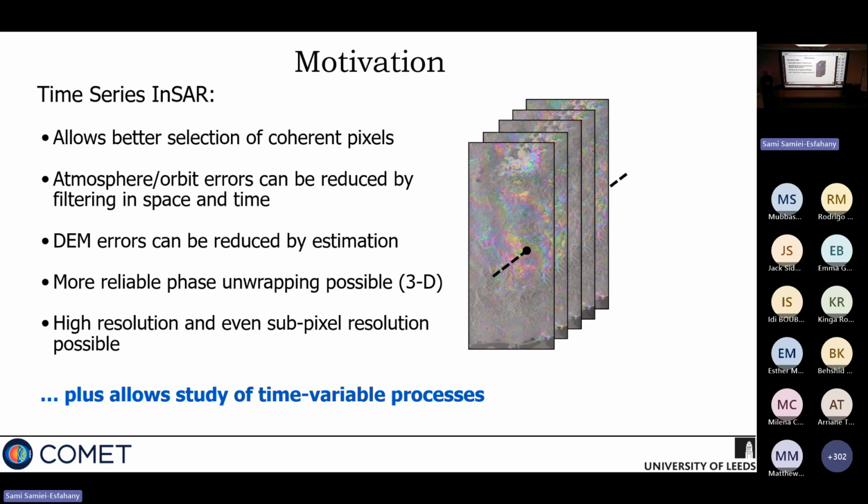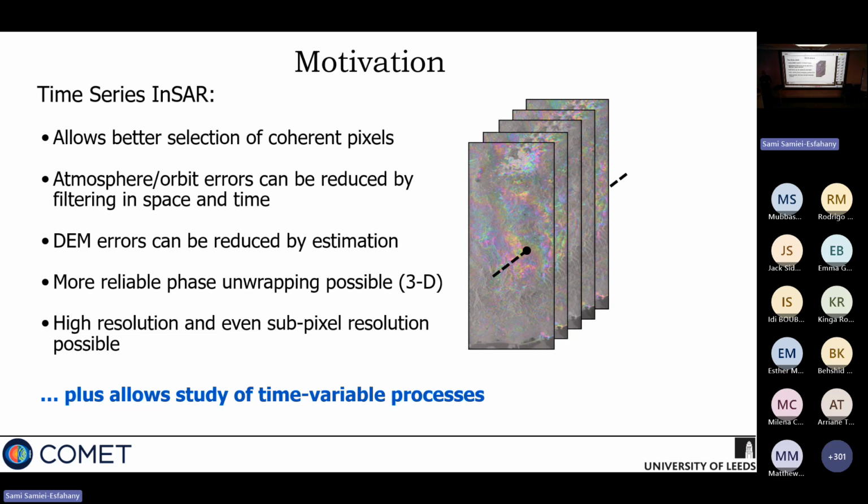And there are some other nice advantages of doing it this way. You can more reliably do the phase unwrapping step. And of course, you can get higher resolution. Tim would have talked this morning about multi-looking or filtering. Typically, we don't look at data with the full resolution in which it's acquired.